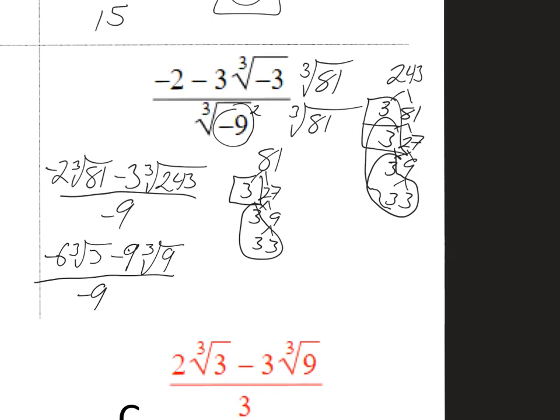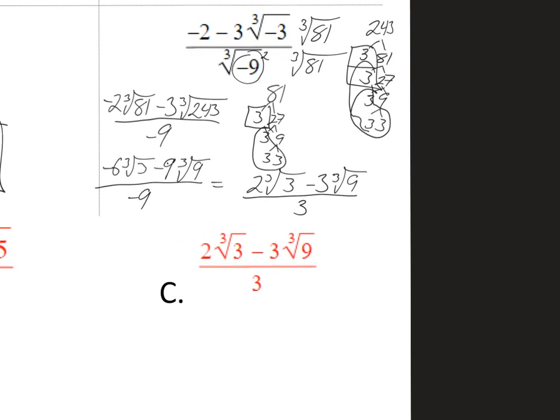Okay, so now simplifying, I can pull out a 3 from everything, so that is negative 2 cube root of 3, no, I can pull out a positive 2, so we're going to make that into positive 2 cube root of 3, minus 3 cube root of 9 all over 3, which is the answer C.